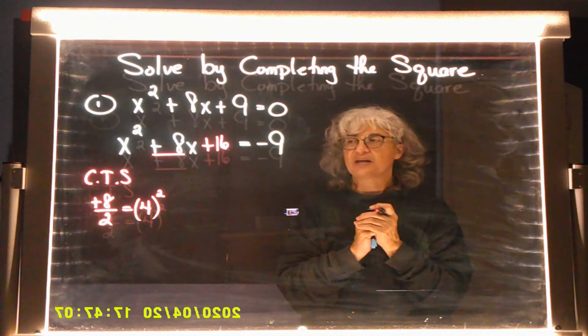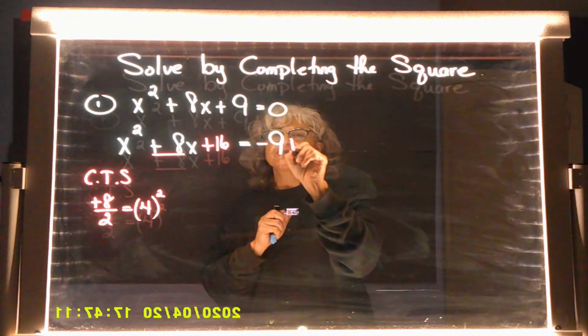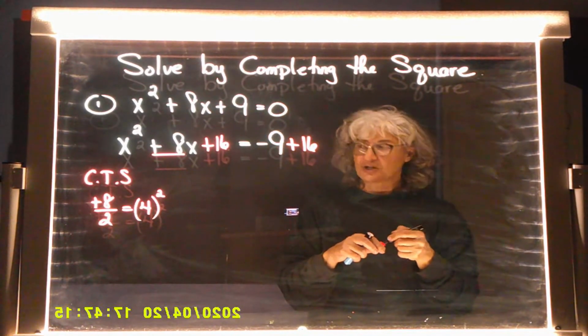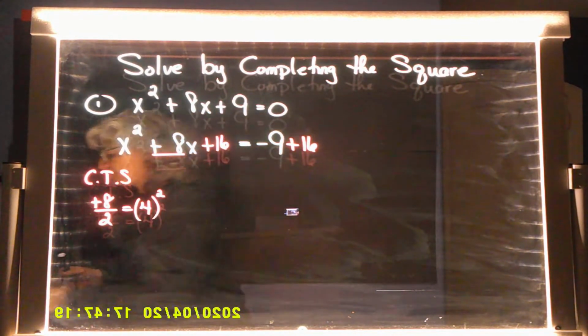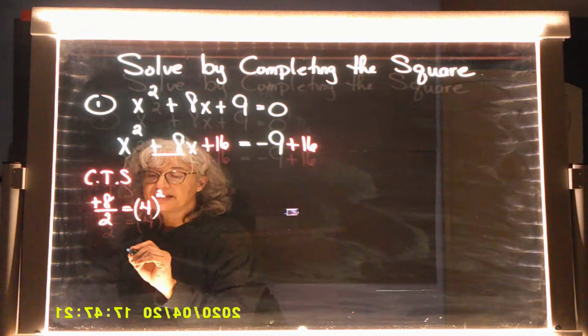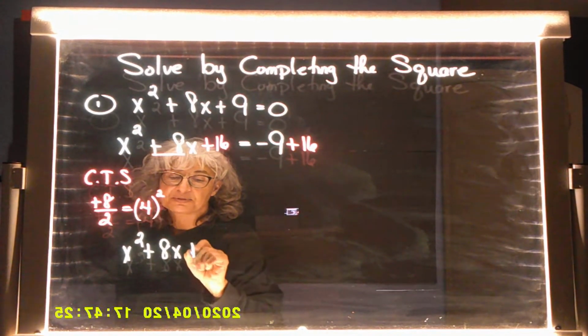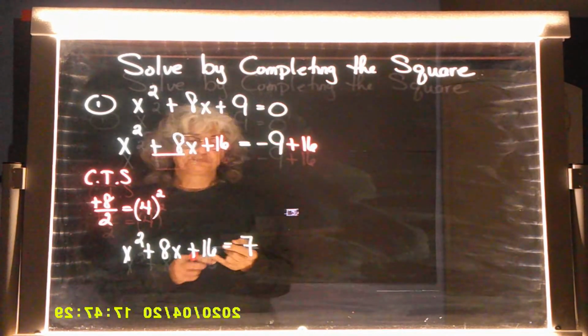With me? But if I add it to one side, yep, I hear you, you have to add it to the other side, don't you? Okay, which means my line now looks like x squared plus 8x plus 16 equals 7.